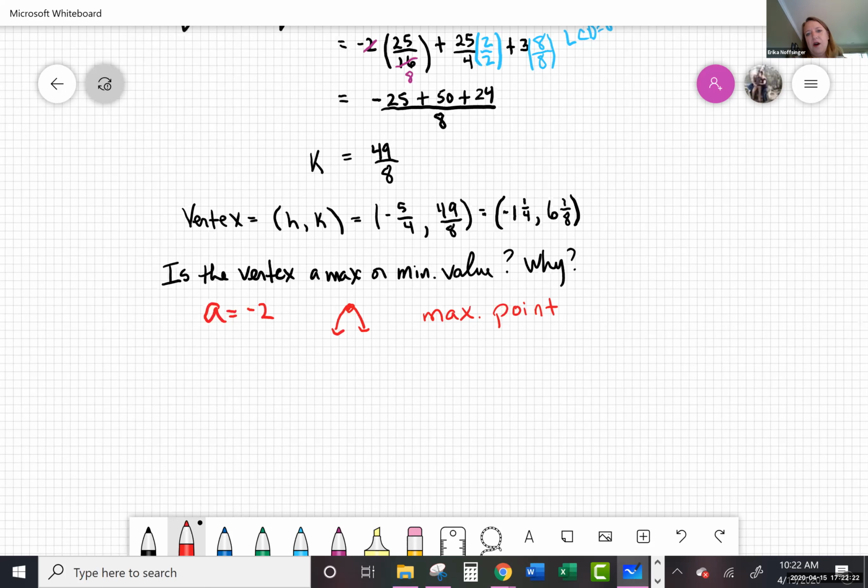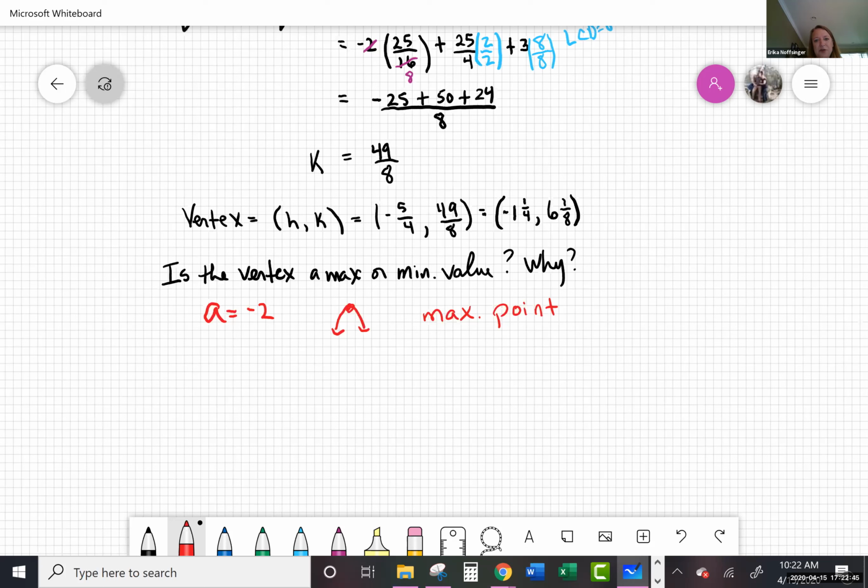So some of the homework or problems from this section go through maximizing or minimizing. And so it might say you're looking at a ball being thrown up in the air and it comes up, it's going to reach a point and then it's going to start coming back down. And so you might be asked to find the maximum height of the ball.